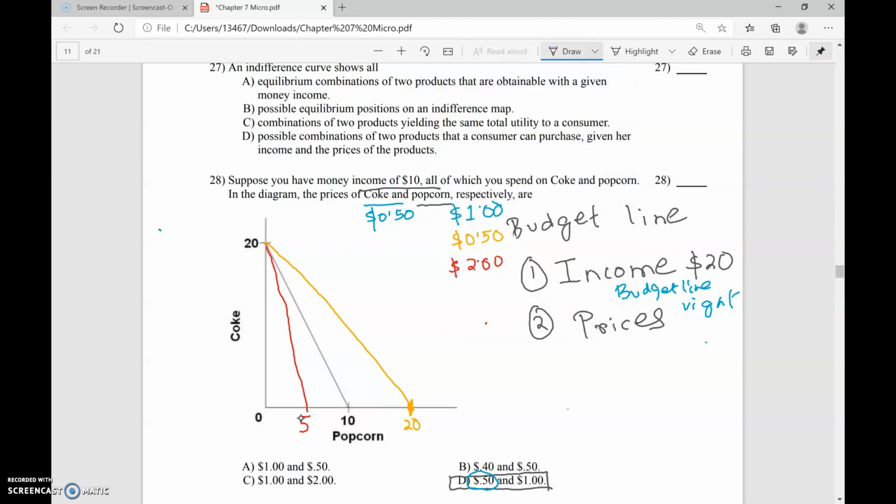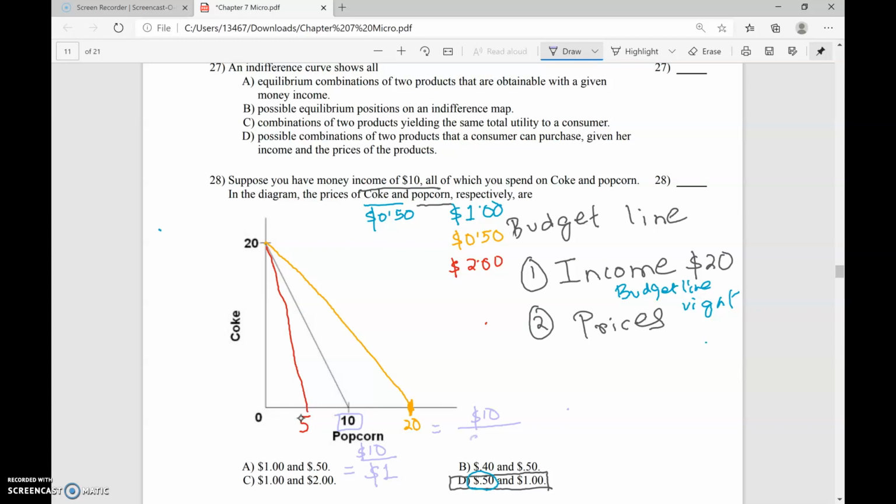So let me show you how we get these numbers on each of these axes. So this 10, this one we find by dividing total income by prices. 20, this one we found out by dividing the total income over the prices.